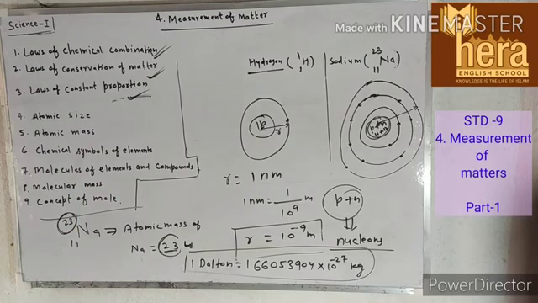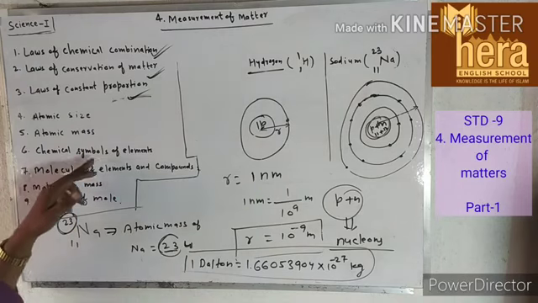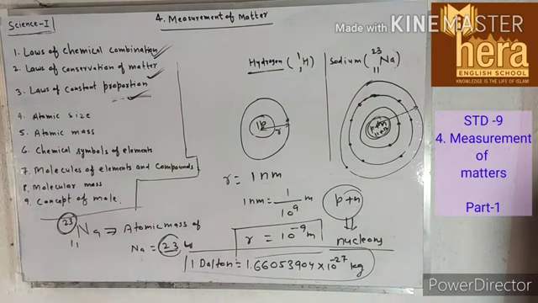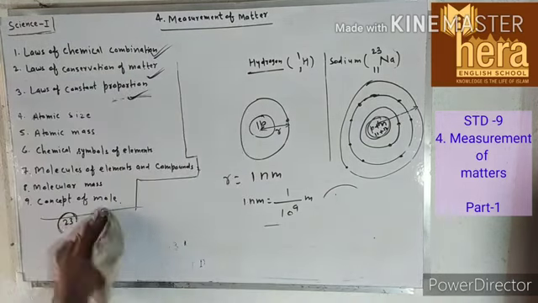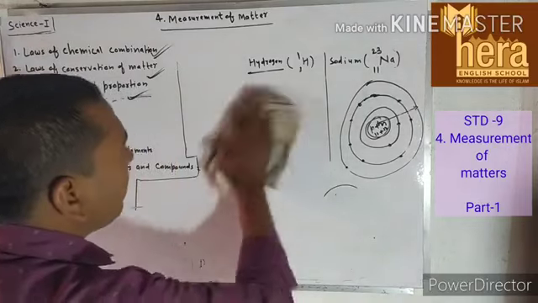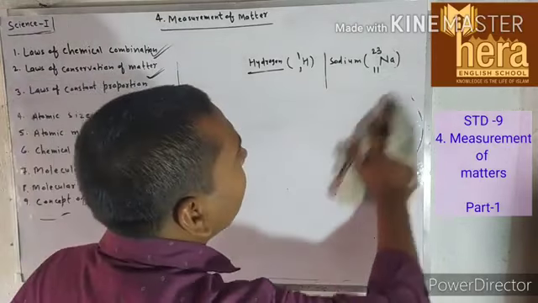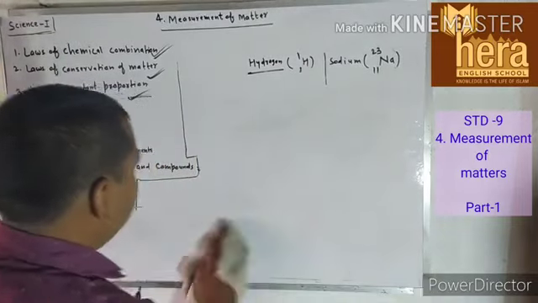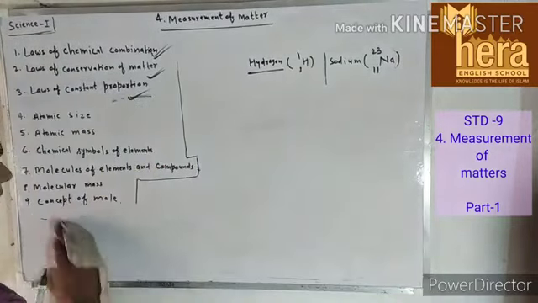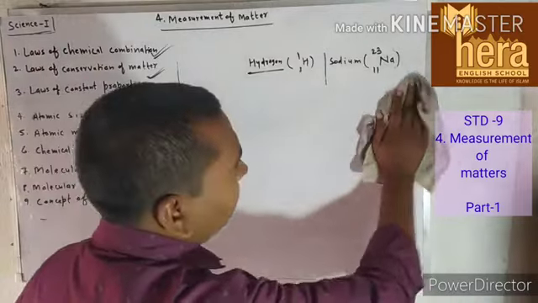Now next topic is chemical symbols of elements. Initially, different elements had different symbols, so it was very difficult to remember.